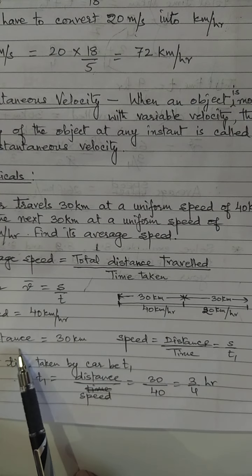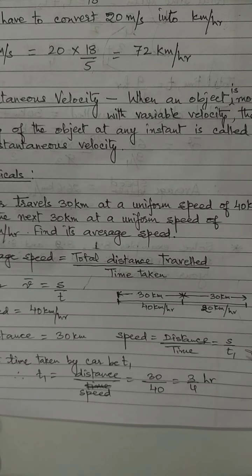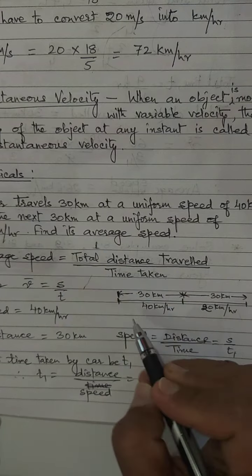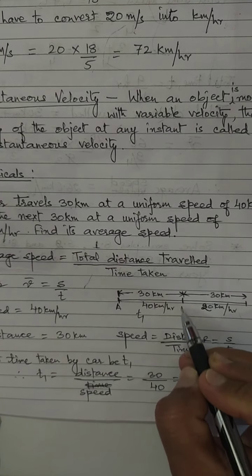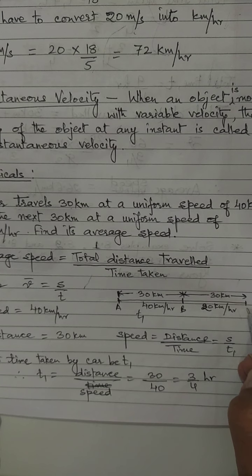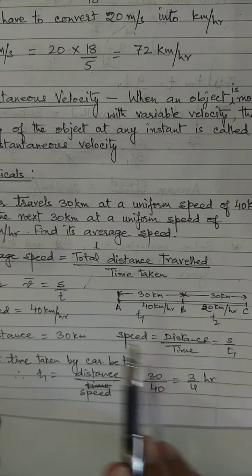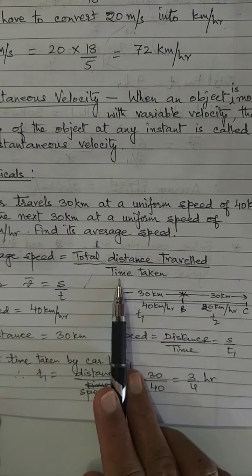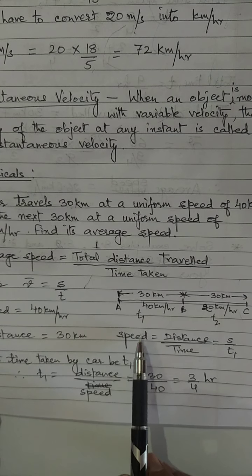Now we know speed is equal to distance upon time. Let us take that the time taken in first journey from A to B is t1, and from B to C the time taken be t2, because total distance we know 30 plus 30 is 60 km, but we do not know the total time taken by the journey, so we have to calculate the total time.